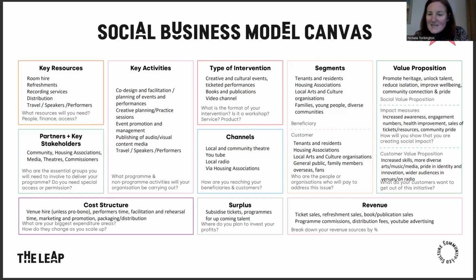In this case, in terms of the social value proposition, I've suggested here, if they're all about promoting heritage, unlocking new talent, and they want to reduce isolation, improve well-being, increase community connections and pride, then we've got the solutions for you.